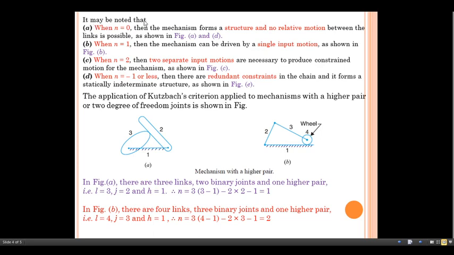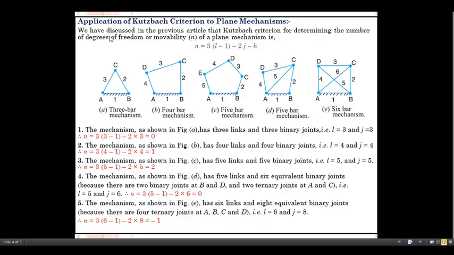So it may be noted that when n equals 0, then the mechanism forms a structure, or no relative motion between the links is possible. If you look at case A as well as case D, for these two cases we found the value of n equals 0. So this forms a structure, no relative motion between the various members will take place.